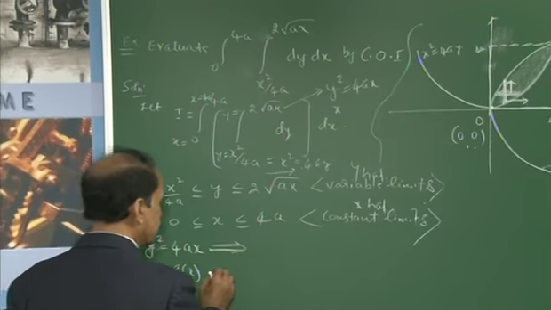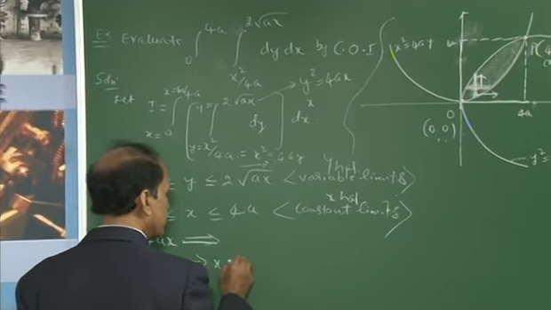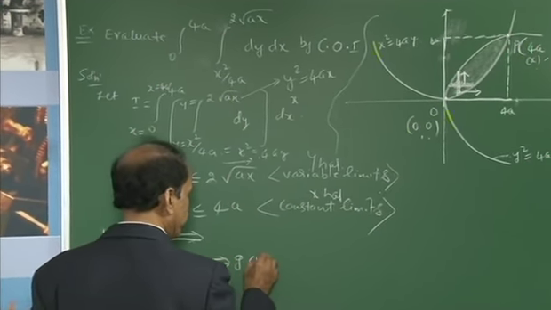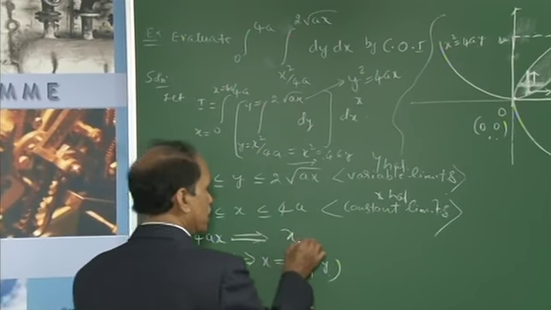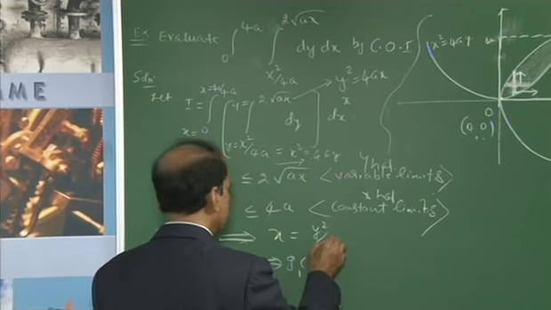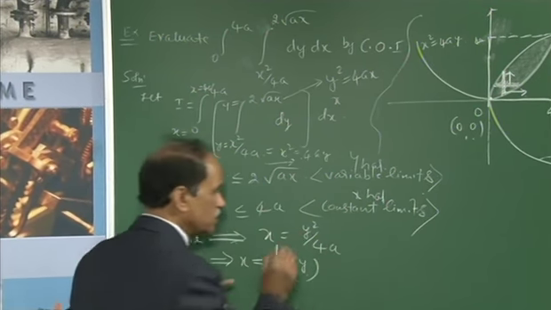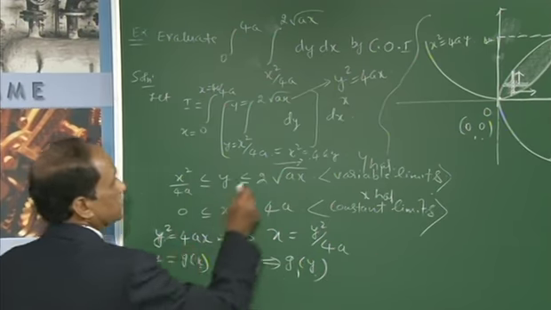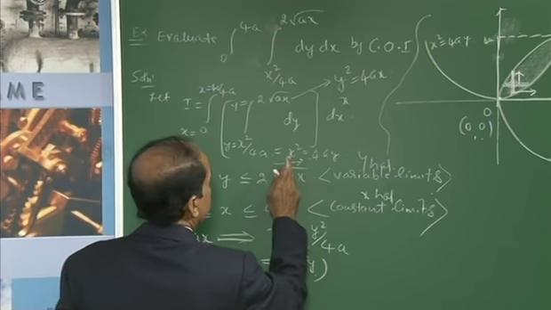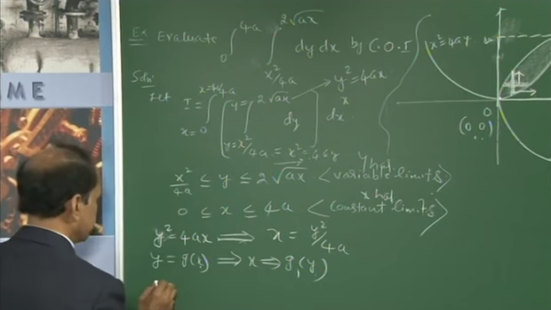Now you have to write x as a function of y. How can we represent x as a function of y? x equals y square by 4a. This is one interchange of the limit. Another case, the lower limit, x square is equal to 4ay.